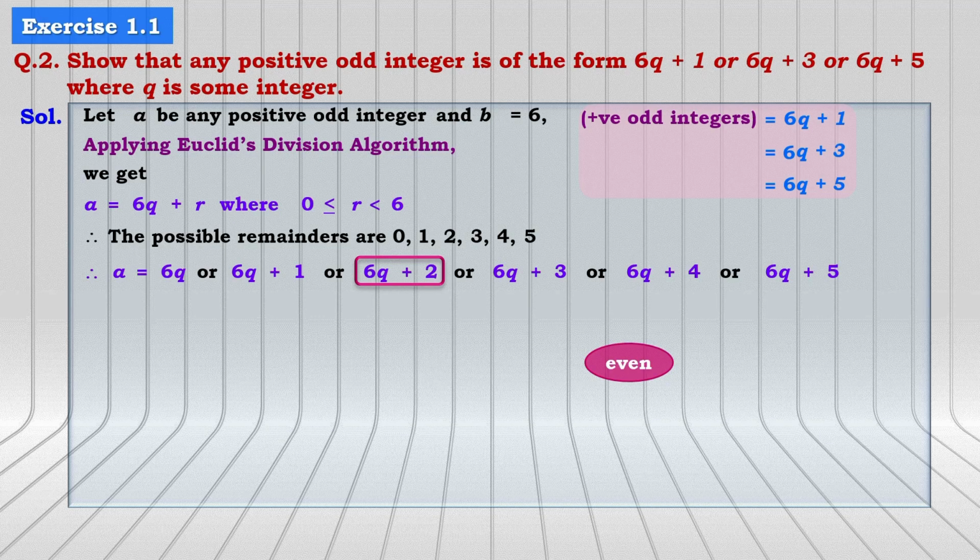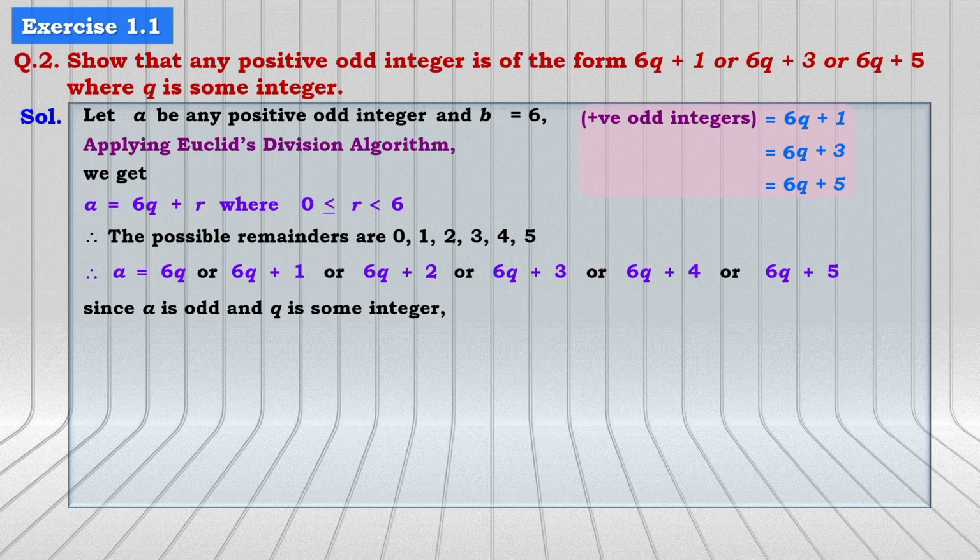So 6q plus 2 is even. Now 6q plus 3: 6q is even, but 3 is odd. Even plus odd always gives odd. 6q plus 4: 6q is even and 4 is also even, so even plus even always gives an even number. 6q plus 5: 6q is even, but 5 is odd, so even plus odd always gives odd.